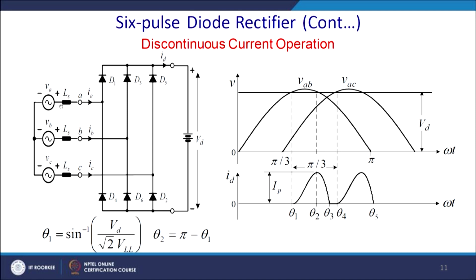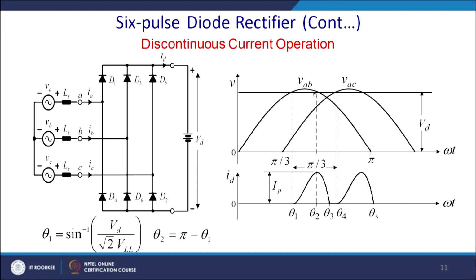What happens here is, till VAB is more than this rectified voltage, current will not flow. So, current will start picking up at a point, let us say theta 1, when VAB crosses it, and VAC will have a phase lag of pi by 6.